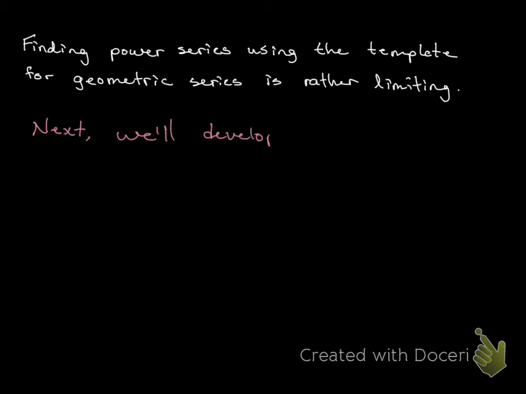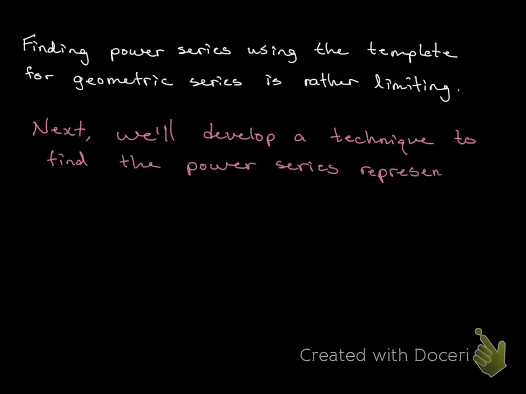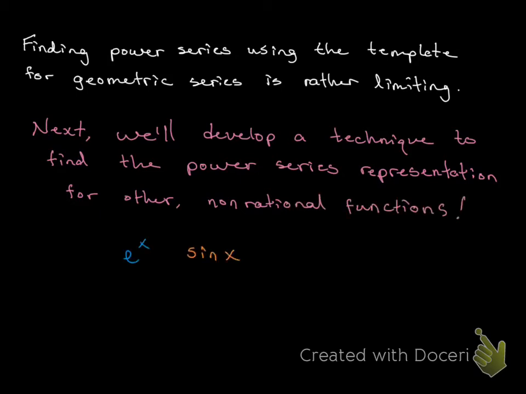Next, what we'll do is we'll develop a technique to find a power series representation for other non-rational functions, okay? Think of things like e to the x, sine of x, cosine of x, and say maybe natural log.